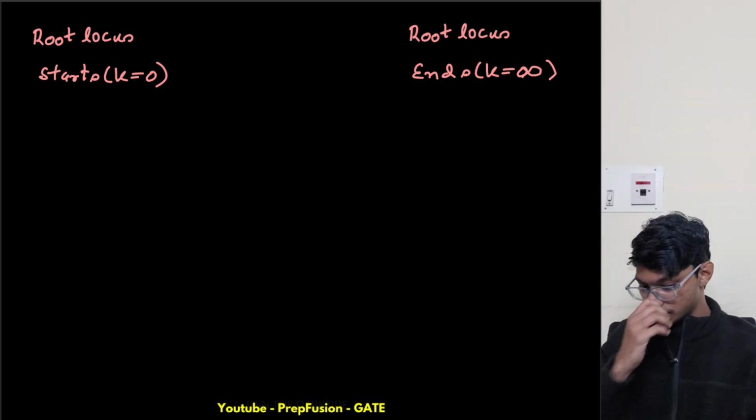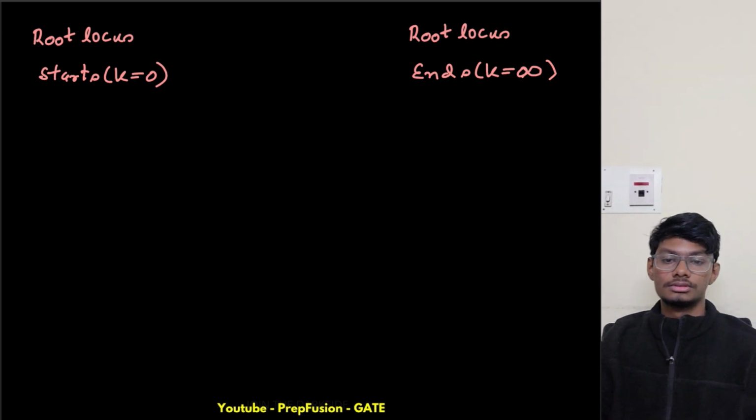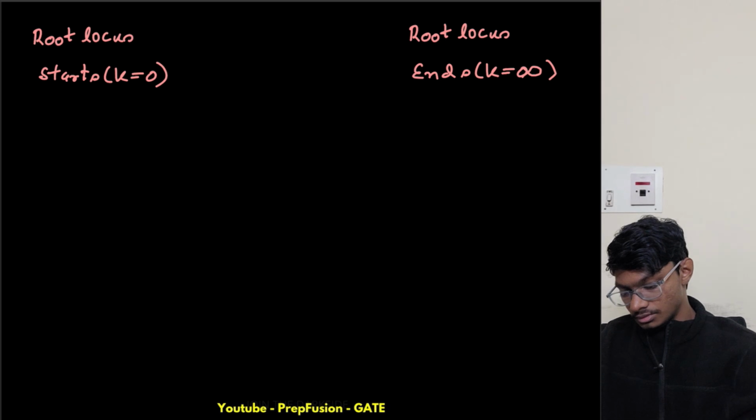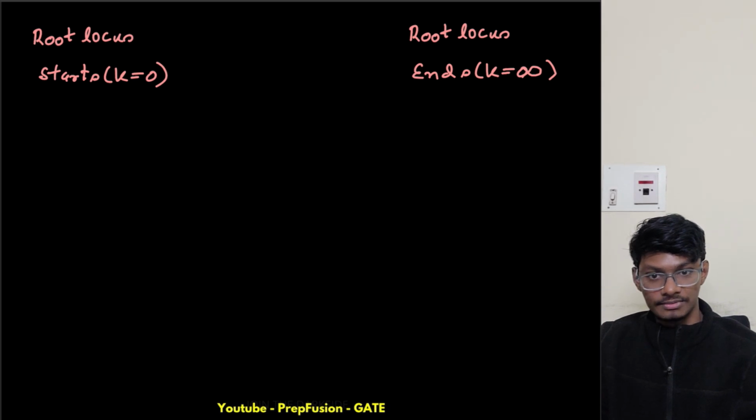Okay, so now basically where does it start from? It starts from my open loop poles, right? Already established that.